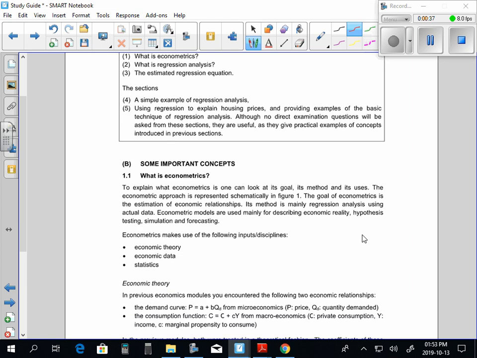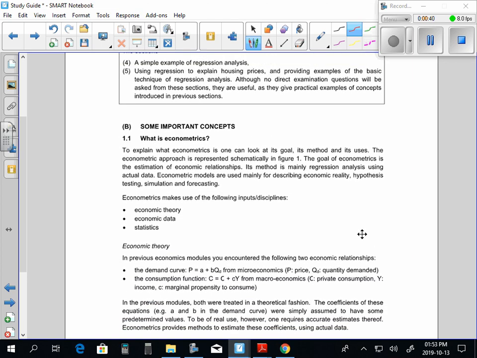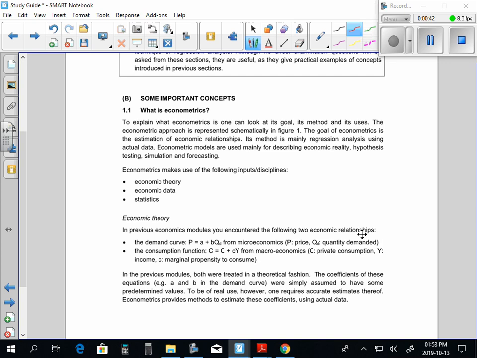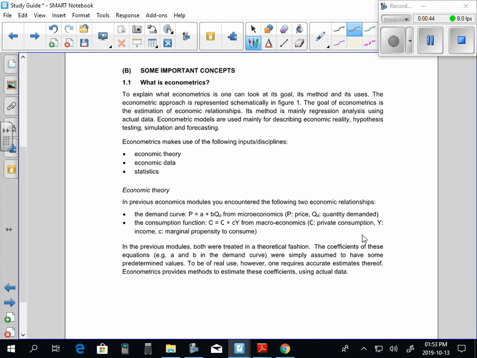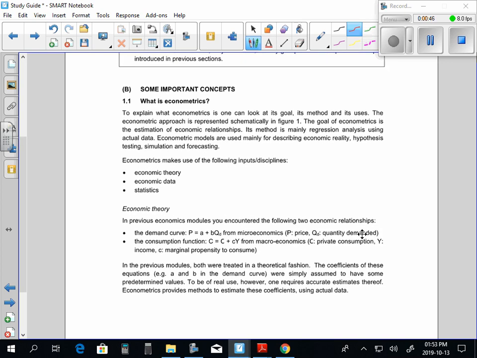So first section, we talk about what the important concepts in econometrics are. What is econometrics? To explain what econometrics is about, one can look at its goal, its method, and its uses. The econometric approach is represented schematically in figure 1. The goal is an estimation of economic relationships. The method is mainly regression analysis using actual data.